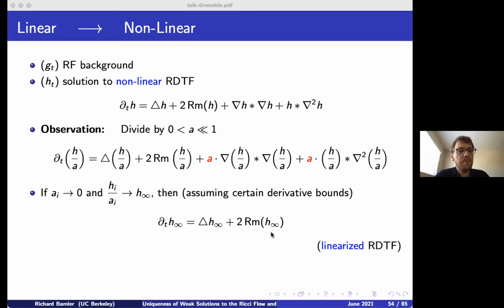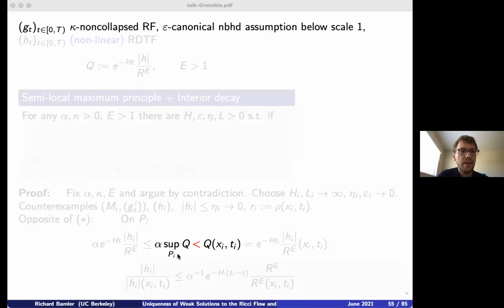So basically this is what we want to do. We want to take a sequence of nonlinear Ricci-DeTurck flows where h_i goes to 0, divide them by small numbers, and in the limit we should get some linearized Ricci-DeTurck flow.